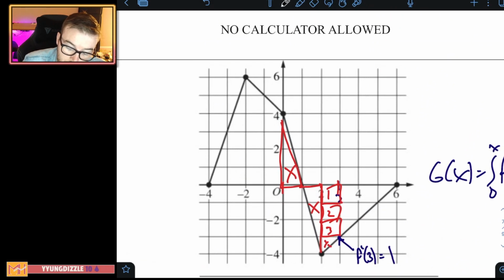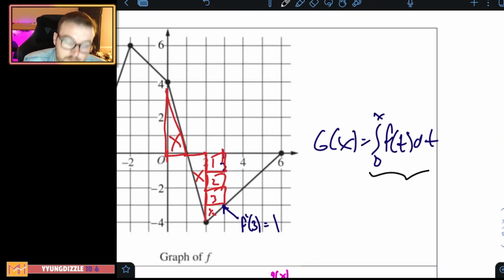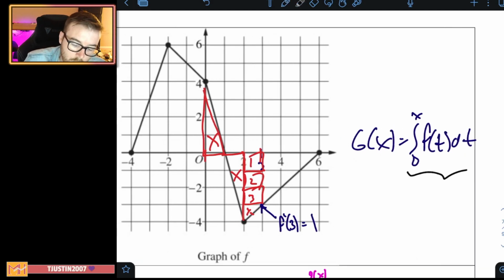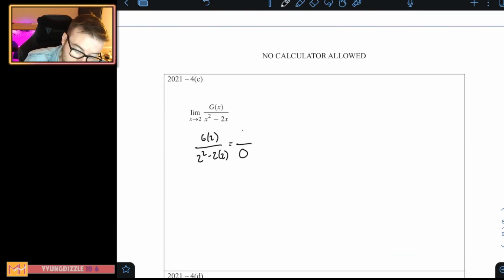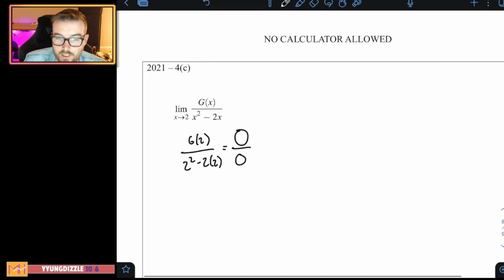Well, g of 2 is the integral from 0 to 2 of f of t dt. Well, what we just pointed out moments ago was these two triangles canceled each other out. So this positive area and this negative area would be 0. So it comes out to 0 over 0.